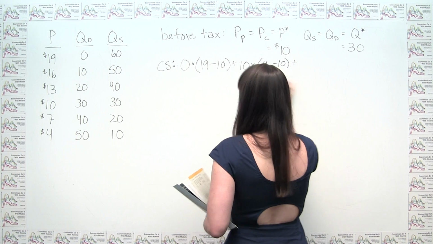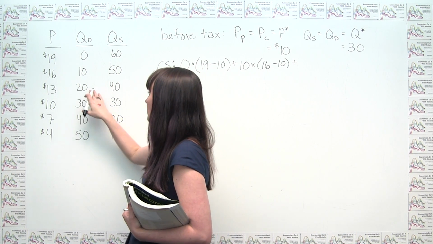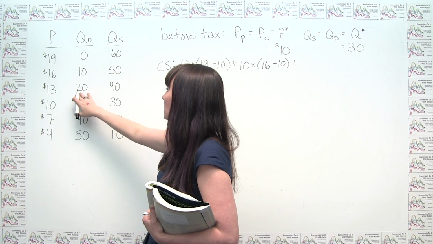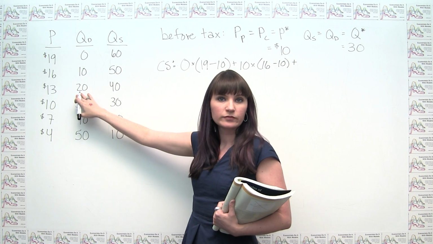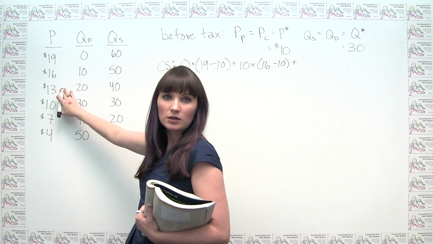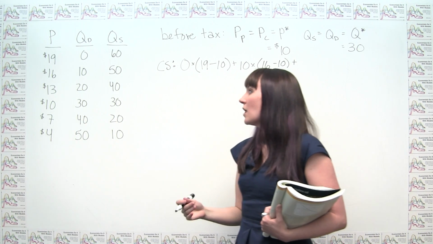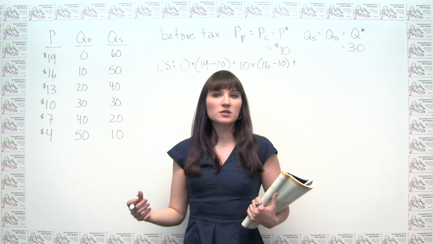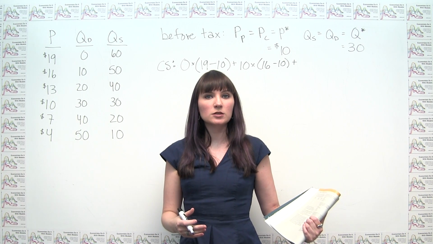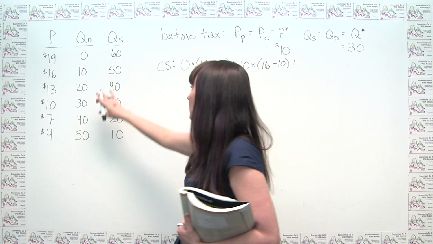Now be careful with this next one, because there were a total of 20 units demanded at a price of $13. But that doesn't actually mean that 20 consumers had a willingness to pay of $13. Because check this out.